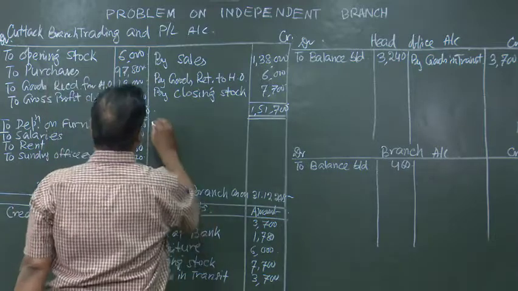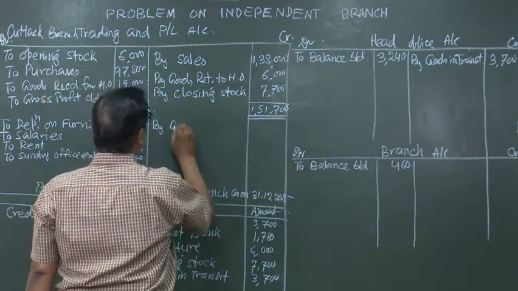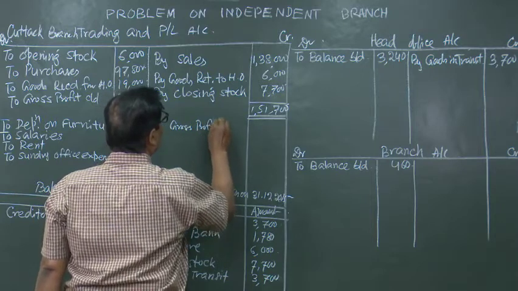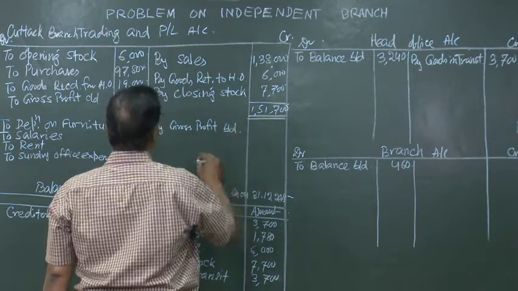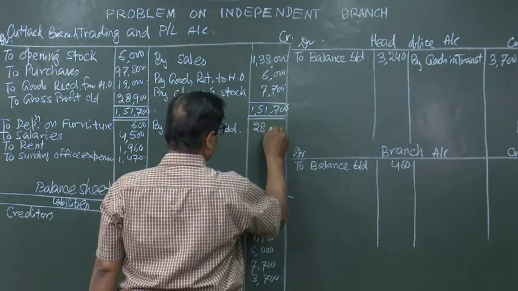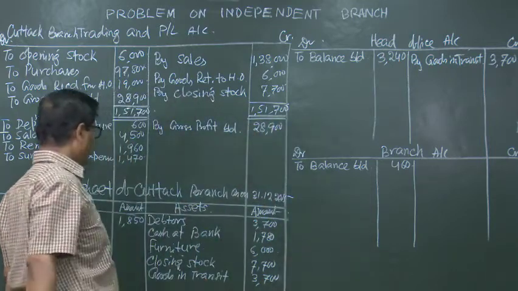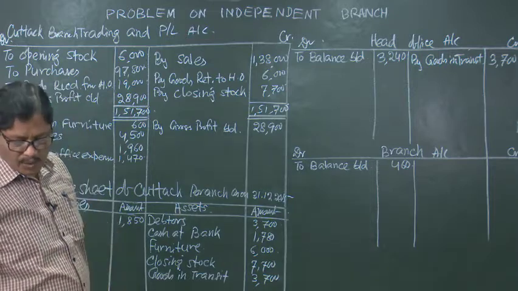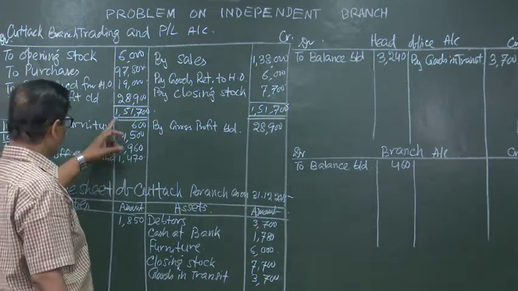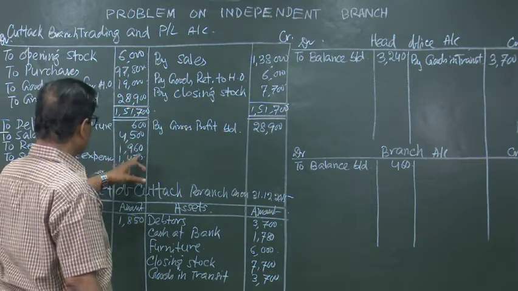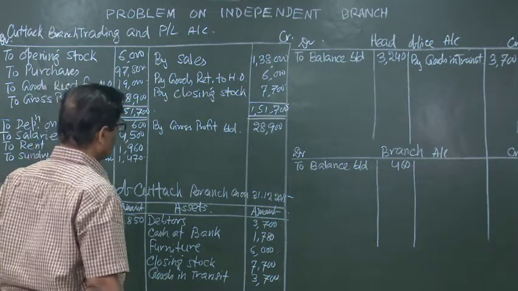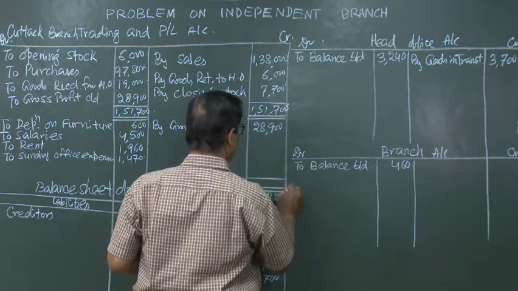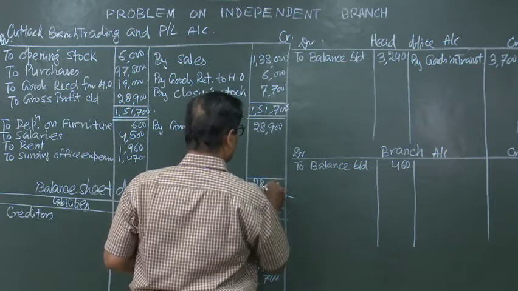So, by gross profit brought down, 28,900. Then we can find out the net profit. After deducting the total of these 4 items, 600, 4,500, 1,960 and 1,470, how much are we getting? That will be our net profit.